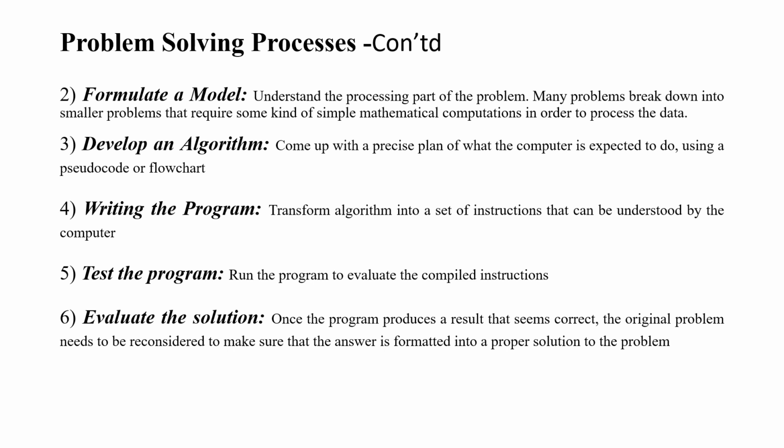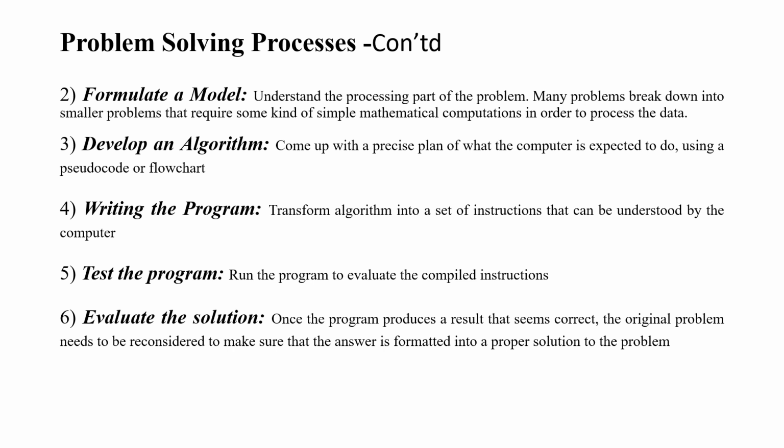So you have to write a program that is compatible with the computer. That is where writing of code comes in. You use the pseudocode or flowchart you have developed to write step-by-step instructions that the computer understands and will use to solve your problem.